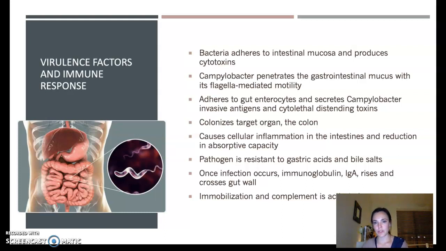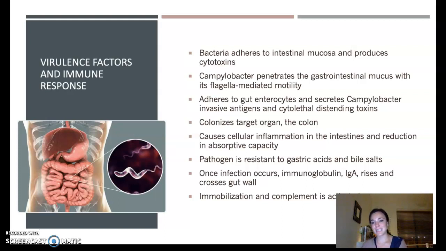So once it adheres to the enterocytes, it secretes invasive antigens and cytolethal distending toxins, which I will talk more about in the next slide. It targets the colon and causes inflammation in those intestines and reduction in absorptive capacity, which causes diarrhea in humans and other animals.